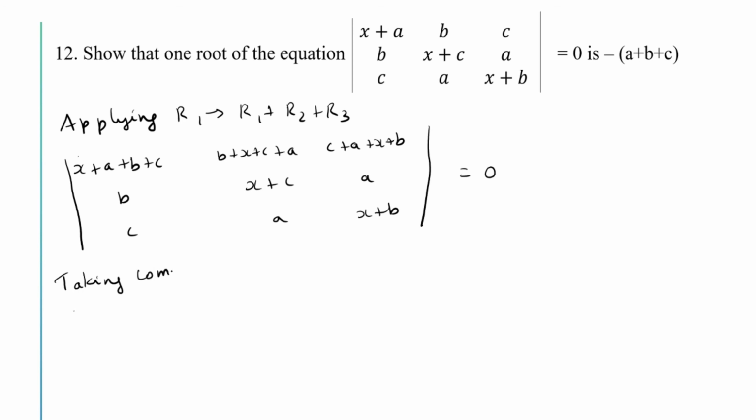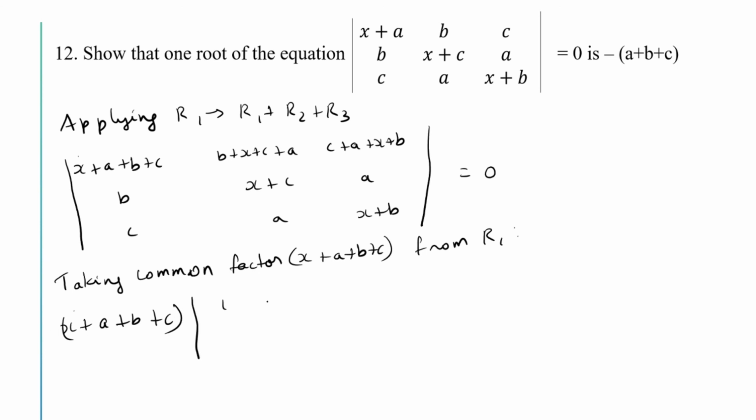Taking common factor x plus a plus b plus c from R1. So we get x plus a plus b plus c into the determinant 1, 1, 1, b, x plus c, a, c, a, x plus b equal to 0.